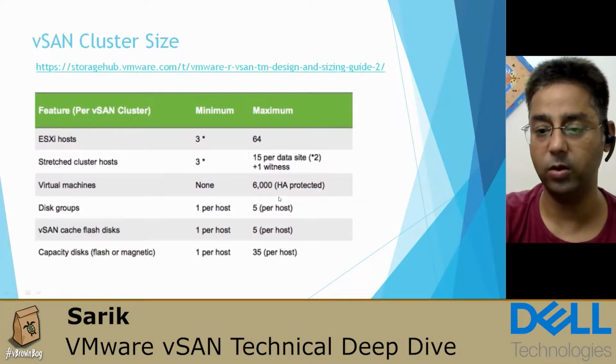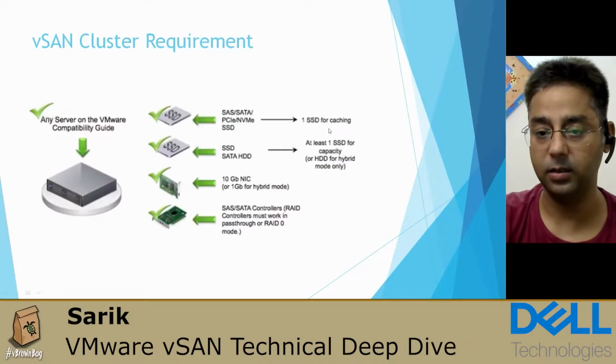If you need more insight, you can go with this link and calculate capacity with the sizing, the number of ESXi hosts, number of VMs, and number of disk groups.